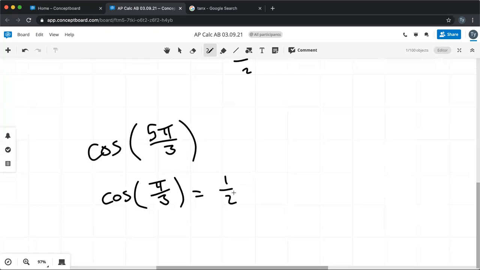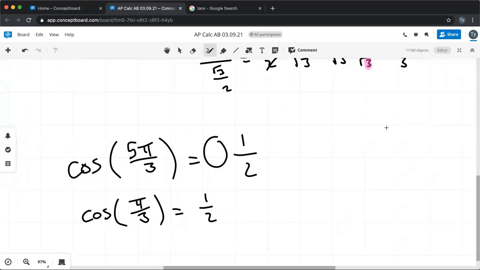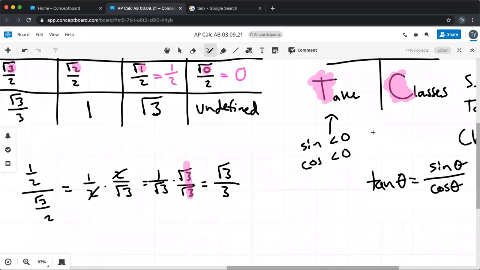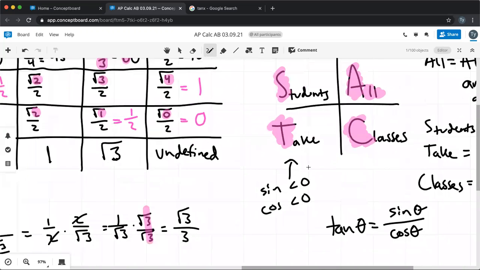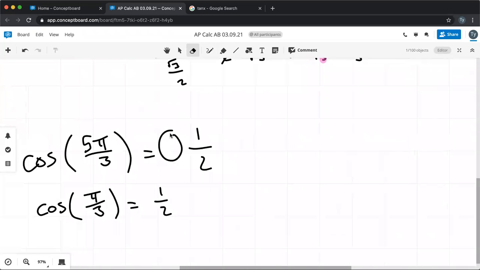I can use this number, but I need to figure out the sign here. Is it positive? Is it negative? 5 pi over 3 lands us in quadrant 4. And using this mnemonic, we see that cosine is still positive in quadrant 4. So it turns out they're equal here. These two are equal.